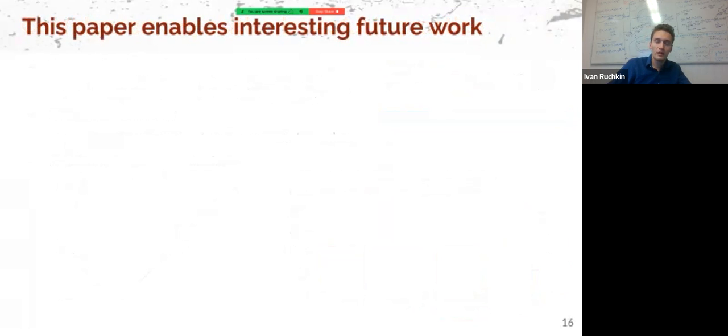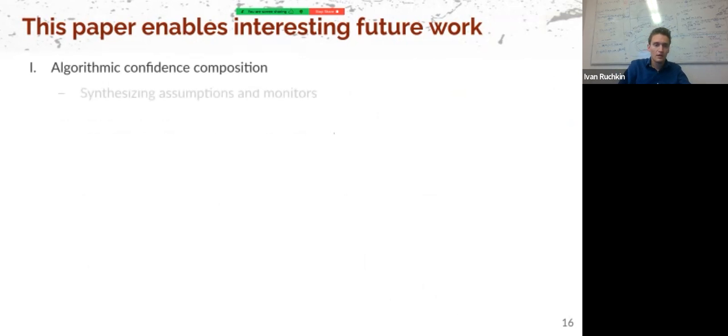All right, so that's all with the contributions. But one thing I really like about this paper is that it opens a lot of interesting questions. One direction for future work is making the confidence composition more algorithmic and systematic. There's a lot of things that the human needs to do now that can be done automatically. For example, finding suitable assumptions and synthesizing confidence monitors is an interesting direction.